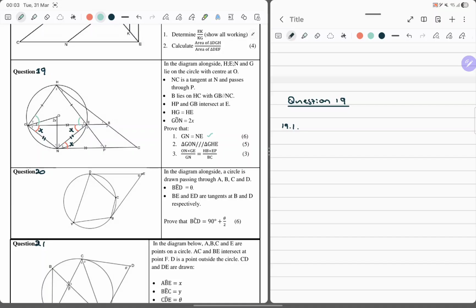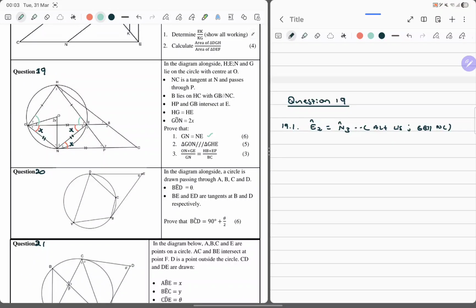We're going to start by saying E2 is equal to N3. What is that? These are alternate angles with GB parallel to NC.